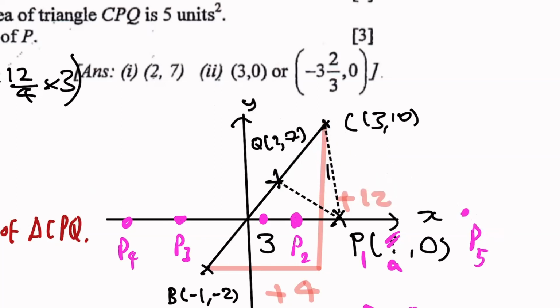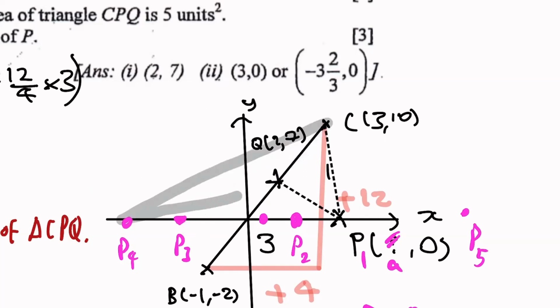Alternatively, if this is our triangle CQP, we are trying to obtain this line, perpendicular to the line CQ, but also passes through the point P. Or alternatively, it could be this triangle CQP. We're trying to obtain a line perpendicular to CQ, but also passes through point P3, which is this line here, and then it just keeps going.